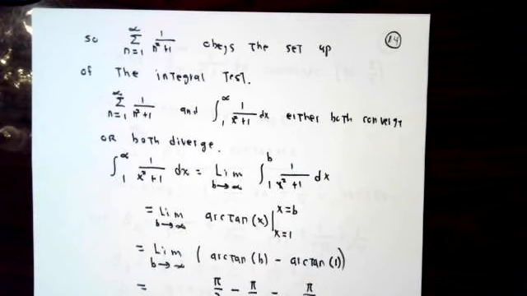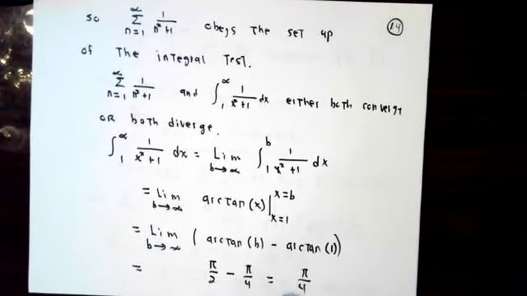However, the y-coordinates get as close to pi over 2 as you want, so the limit of this is pi over 2. Arctan of 1 is a constant, it's pi over 4. So do the subtraction, and you find out that the improper integral has value pi over 4.